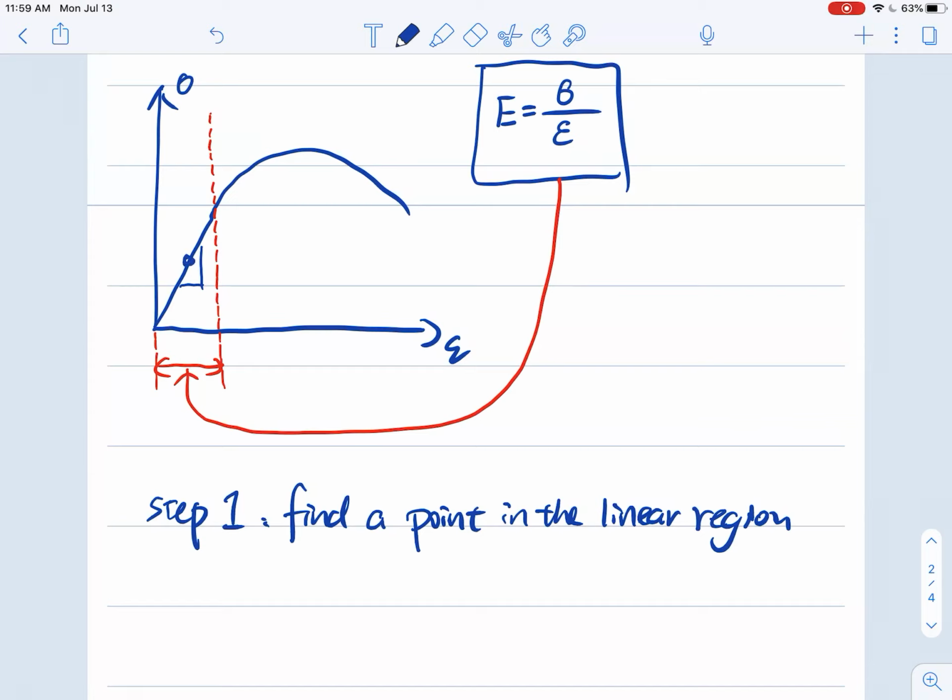In this case, for example, let's just take that point right here as a point. All right, step two is to read the stress of that point.